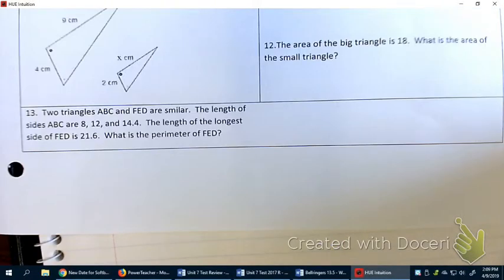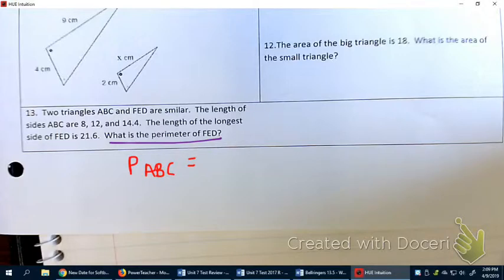Last problem. Two triangles ABC and FED are similar. The length of sides ABC are 8, 12, 14.4. Length of the longest side of FED is 21.6. What is the perimeter? Okay. In order for me to find the perimeter of FED, I also need the perimeter of ABC because I have to have that relationship.